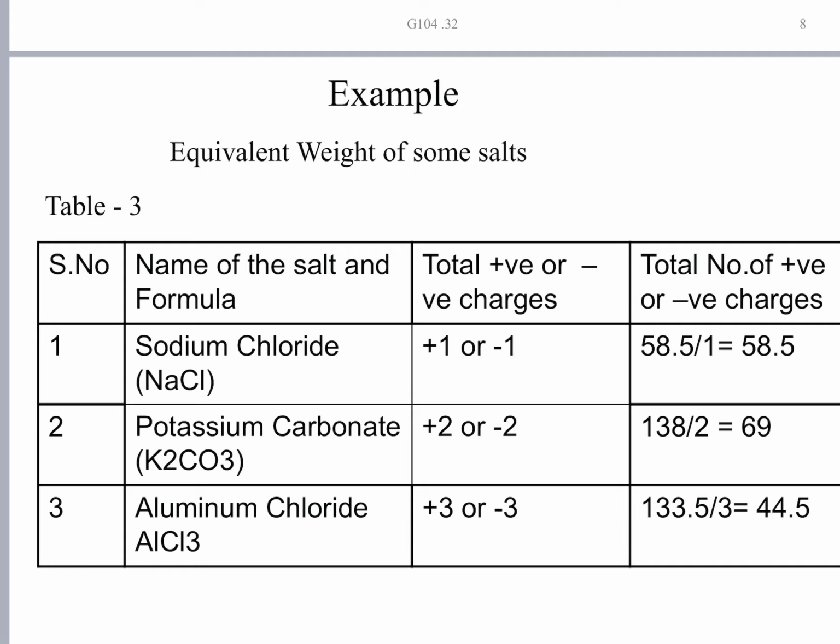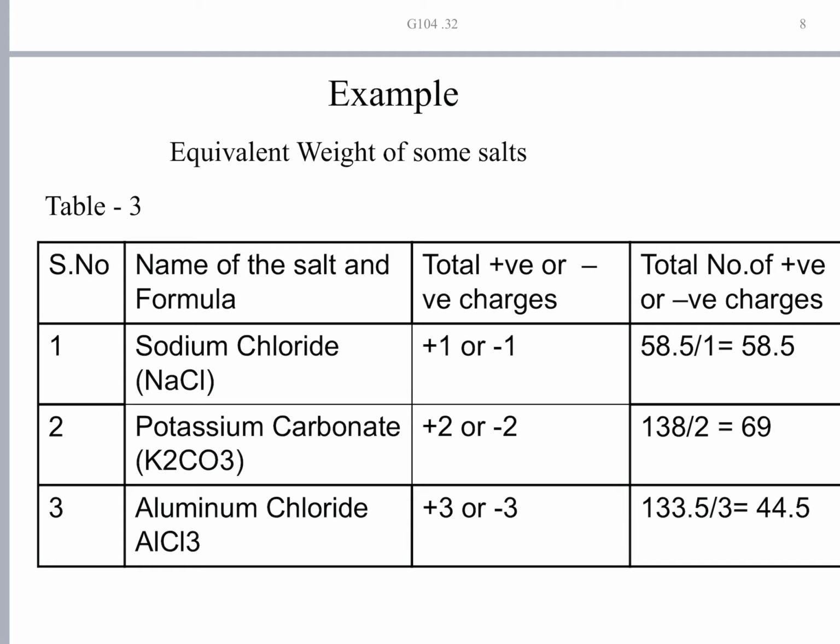In the case of potassium carbonate, let us take potassium carbonate. K2CO3 dissociates into 2K plus and CO3 2 minus, 2 potassium ions and 1 carbonate ion. So here the positive charge is plus 2 and the negative charge is minus 2.